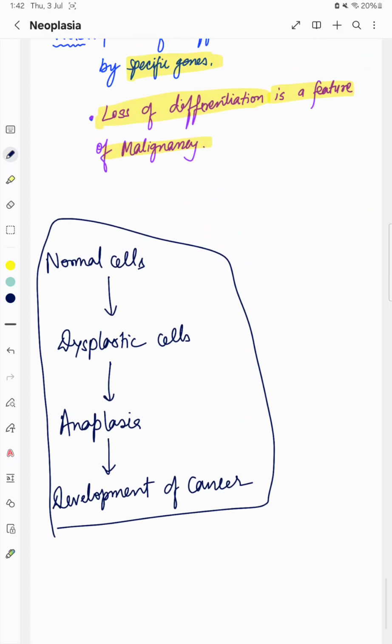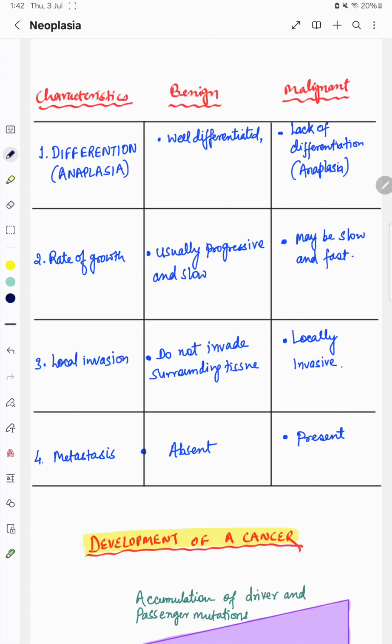Now we will briefly discuss the basic differences between benign and malignant tumors or neoplasms. So in the first column we have the characteristic, then benign and malignant tumor. For differentiation or anaplasia, benign tumors are well differentiated, there is no anaplasia, and in malignant tumors there is lack of differentiation, or anaplasia is there.